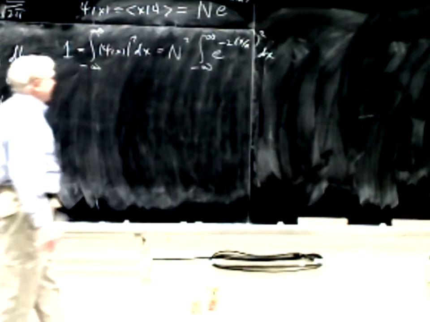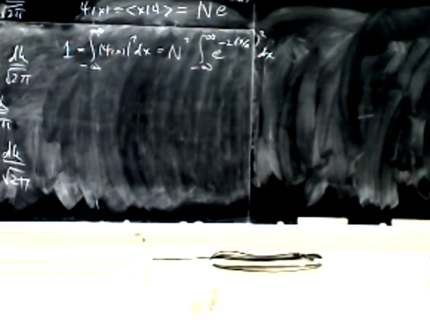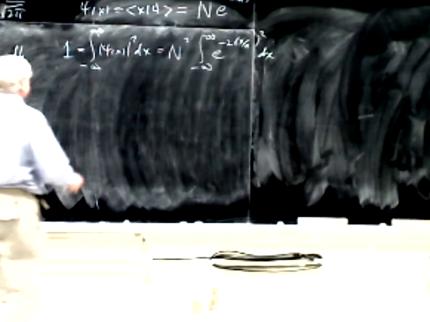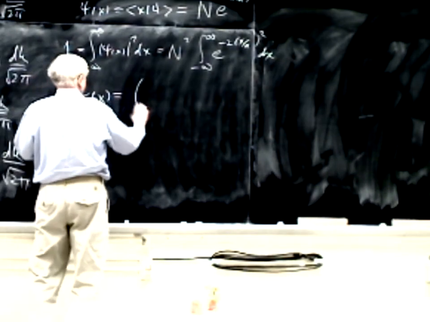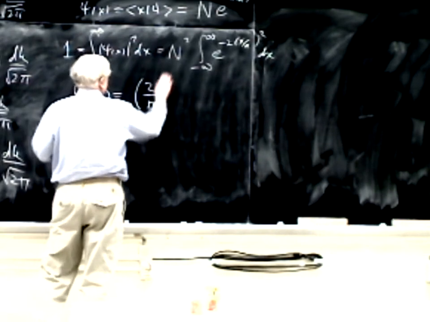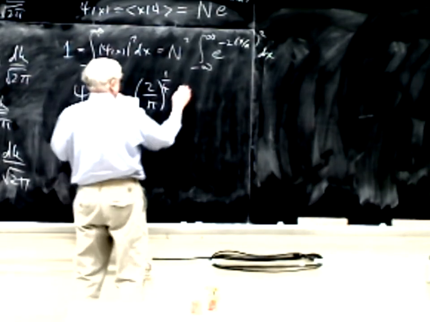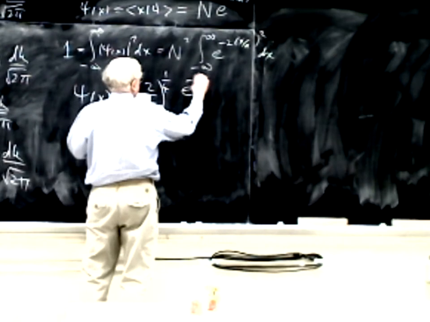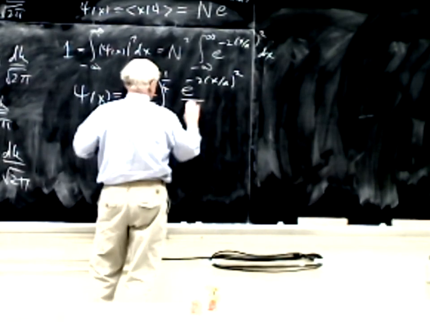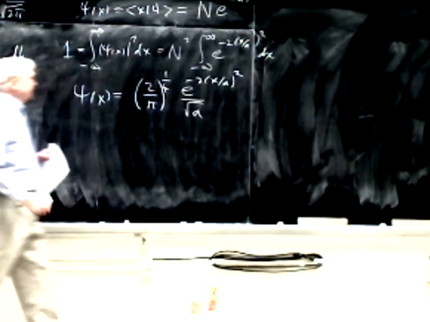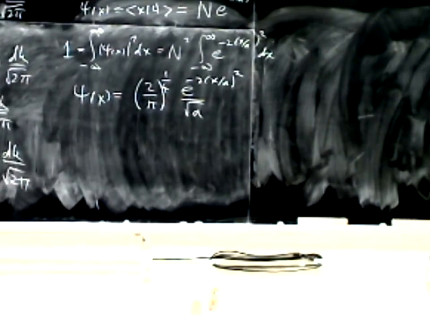Well, when you do that, you find out what n is, and in fact psi of x is then (2 over pi) to the 1/4, e to the minus (x over a) squared, divided by the square root of a. So that's our normalized wave function.